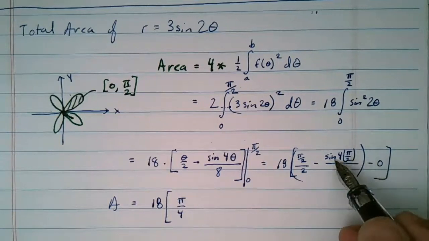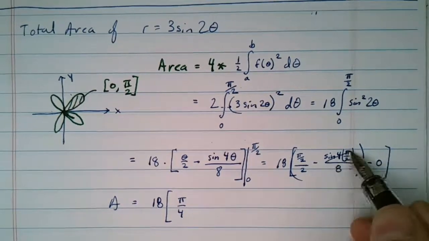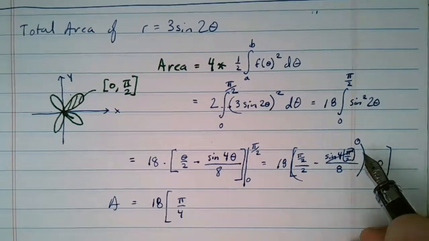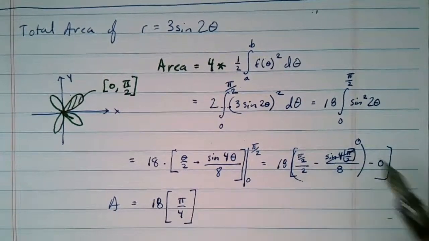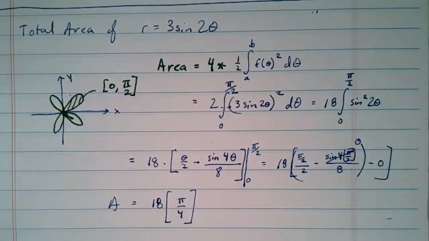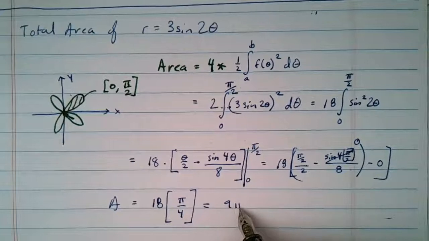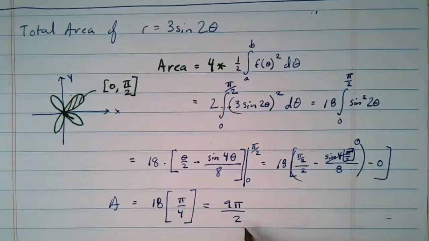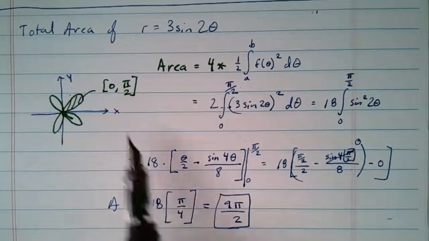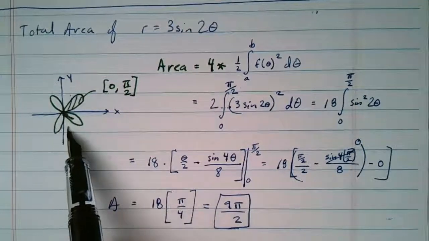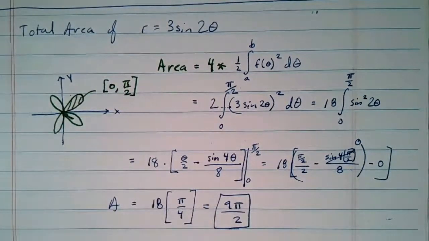The sine of 2 pi is equal to 0. 0 divided by 8 is still 0. So I get 18 times pi by 4, which is going to be 9 pi by 2. That is the area of all 4 lobes of this function. 9 pi by 2. So that's how we find that.